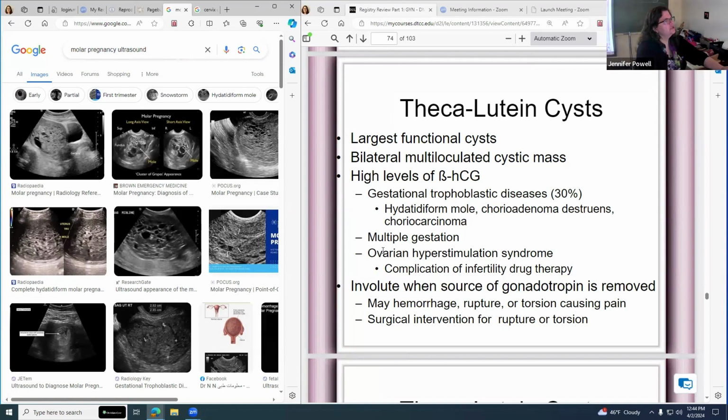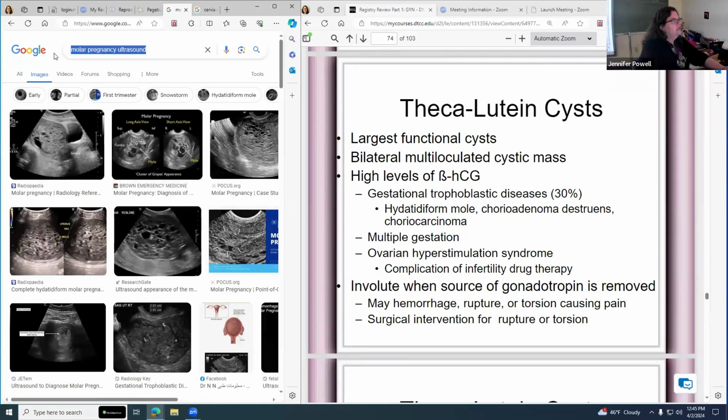Multiple gestations. So I guess they're saying that these cysts can come because of multiple gestations. They can come because of ovarian hyperstimulation syndrome, which is a complication of fertility drug treatment.